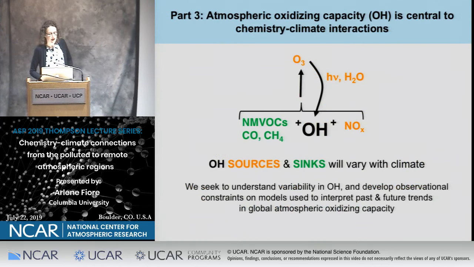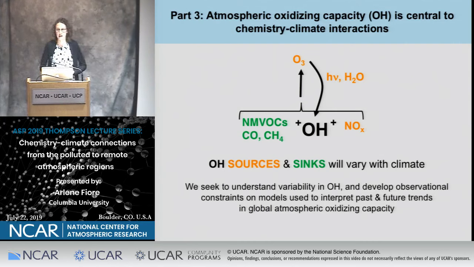Okay, and then part three is getting more into atmospheric oxidation capacity, which is central to chemistry-climate interactions. Our goal here is to understand how OH varies in time and in space, and ideally to develop some observational constraints on the models that are trying to model this variability and all of its implications for atmospheric composition, air pollution, and climate.